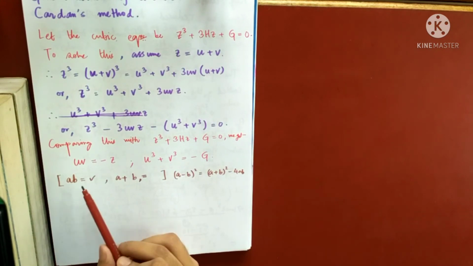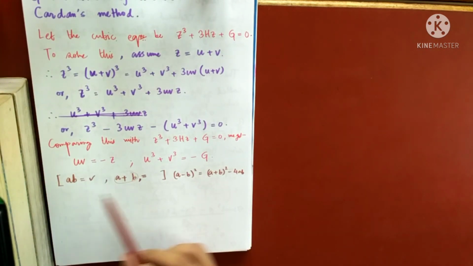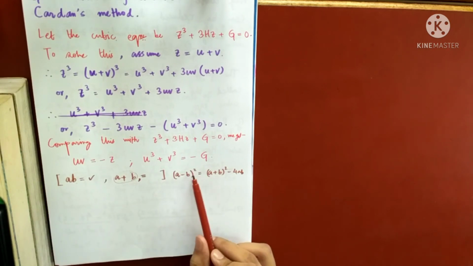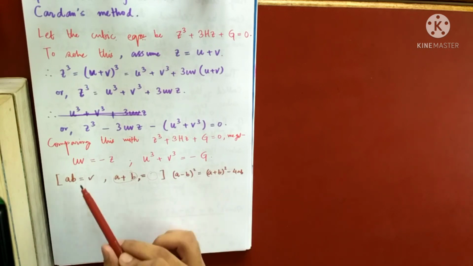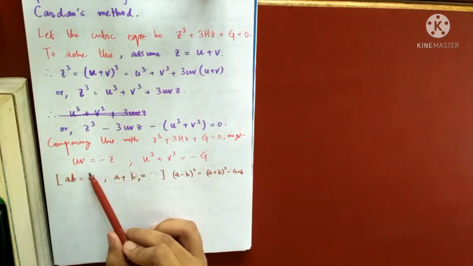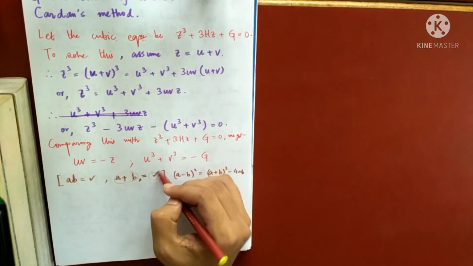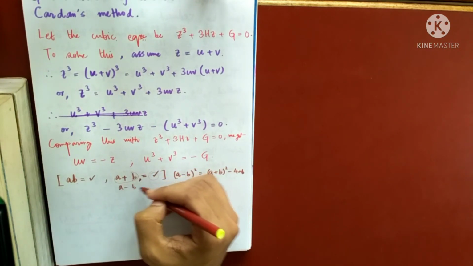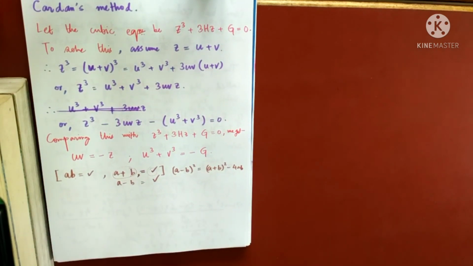With the help of this, I will find a minus b, so a minus b will be the square root of this. Once a plus b is known and a minus b is known, you can simply solve simultaneously. I'll apply the same technique here.